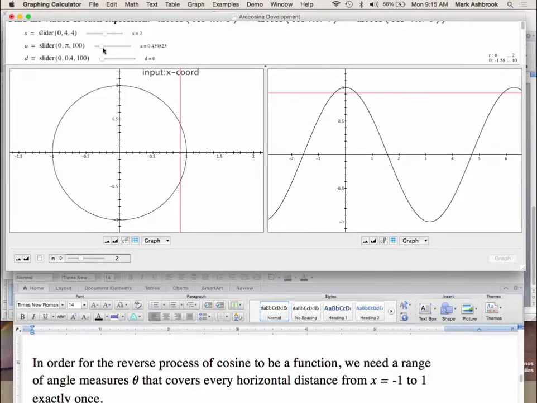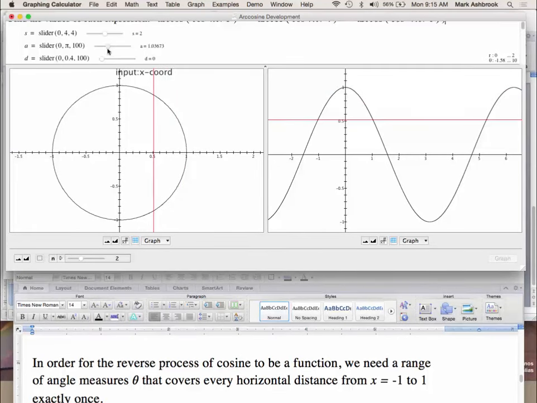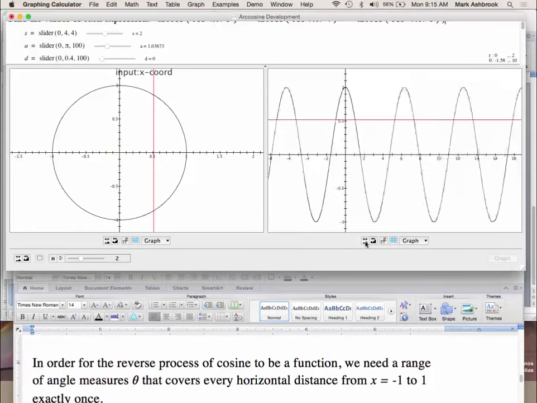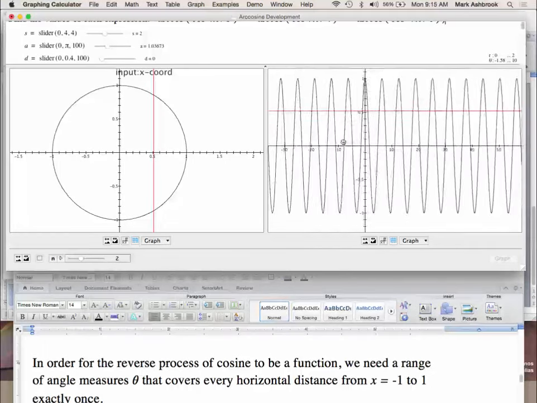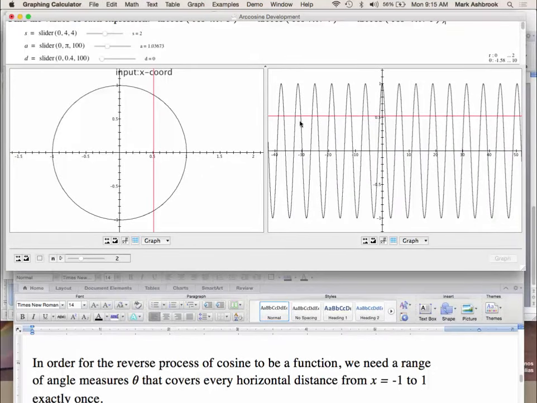You pick an x coordinate, say 0.5. So here's x equals 0.5. How many angle measures are there that get us half a radius length to the right of the vertical diameter? An infinite number, right?